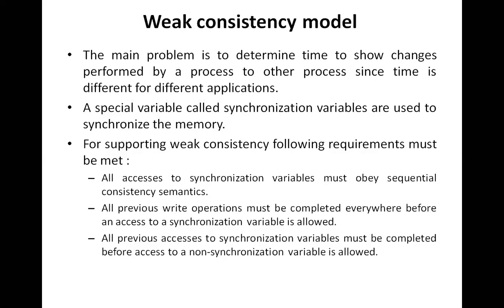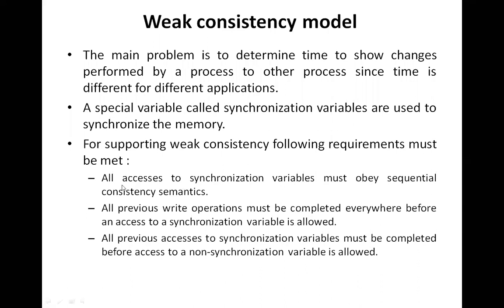Whenever we talk about memory synchronization in distributed shared memory, it involves propagating memory updates made at a particular node to all other nodes which have a copy of the same memory address. For supporting this weak consistency, we have certain requirements that must be met.